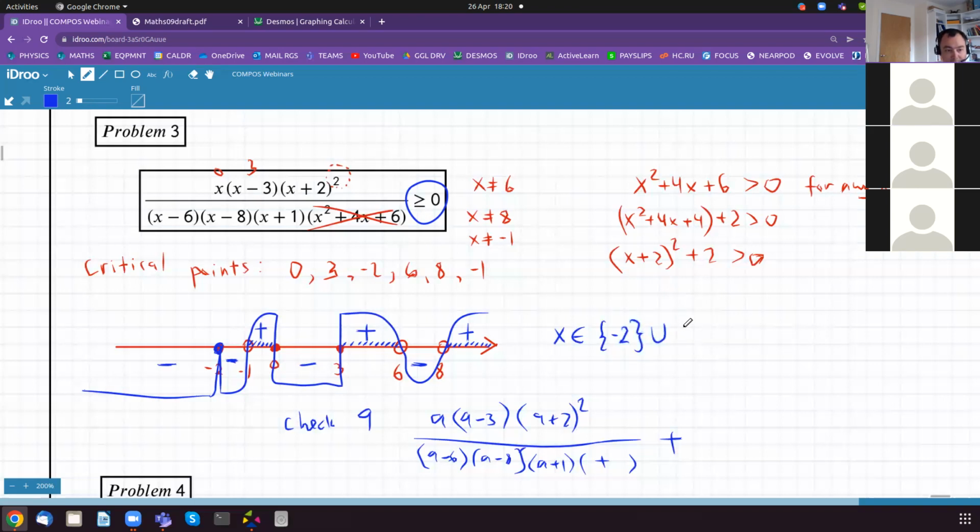or it can be anything from -1 to 0, including 0, excluding -1, or from 3 to 6, not including 6, or from 8 to plus infinity, not including.